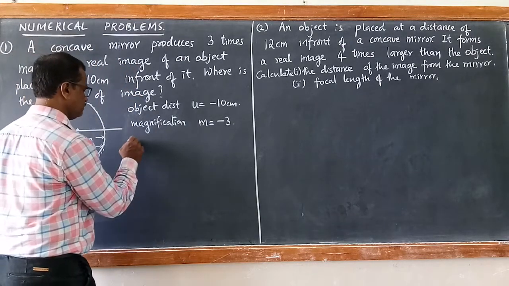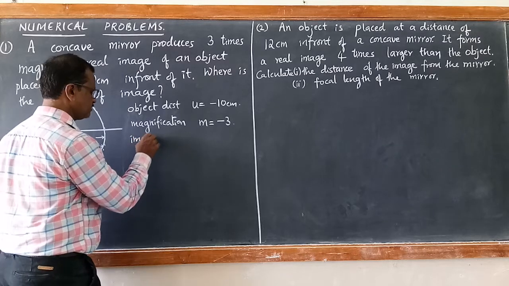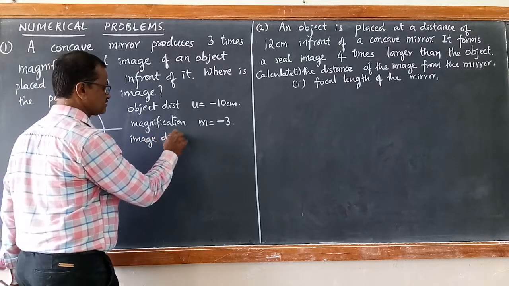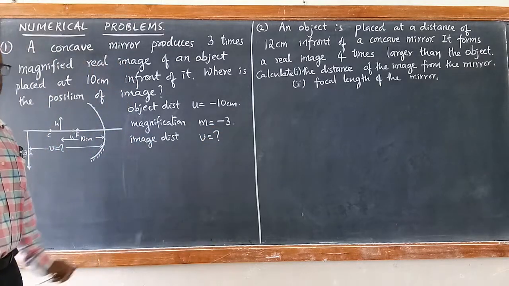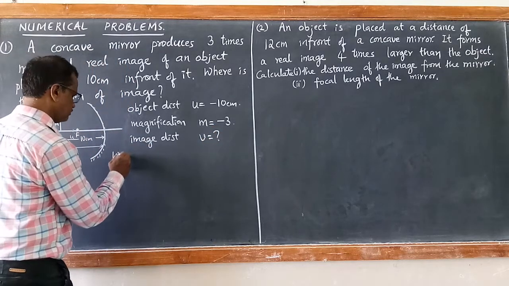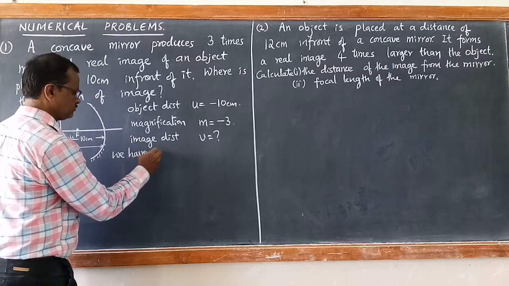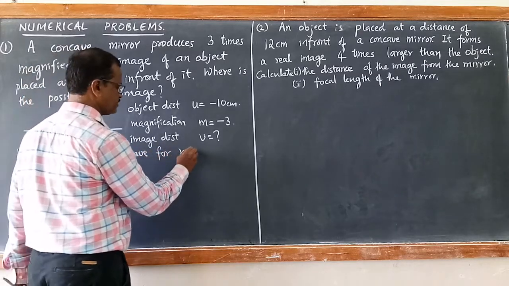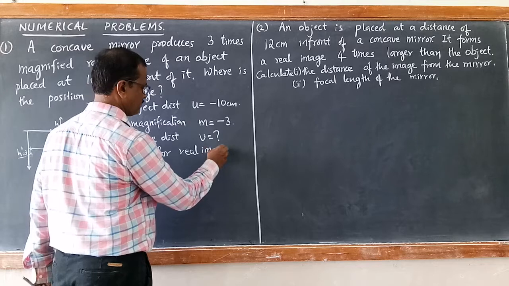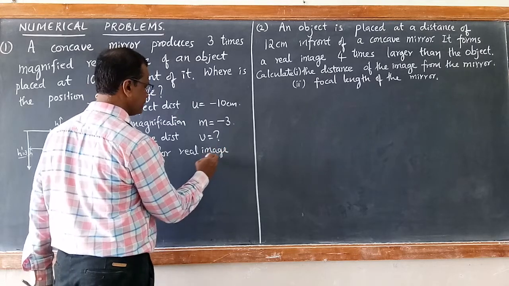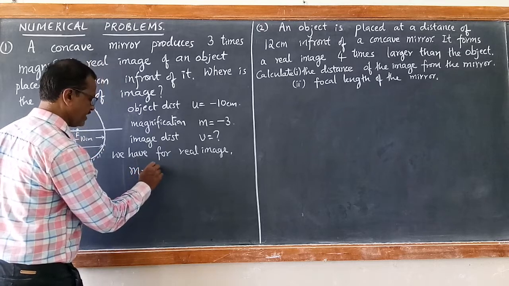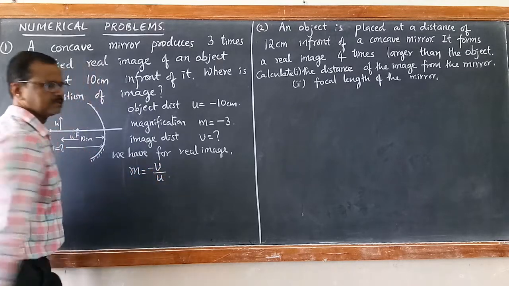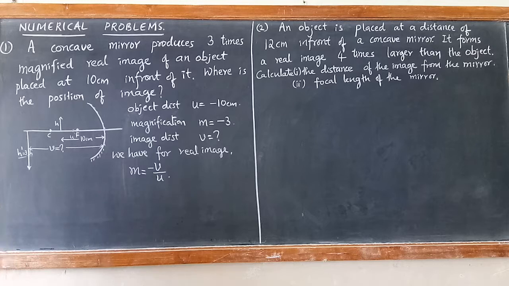You are asked to find out the image distance. What is V? We have, for a real image, M is negative. M is equal to minus V by U. Just substitute the values.